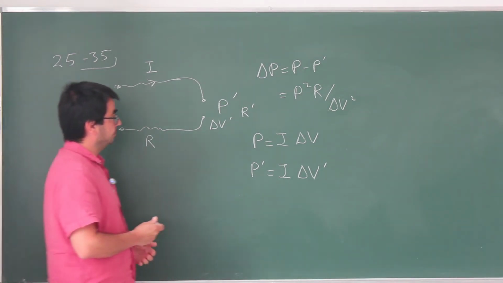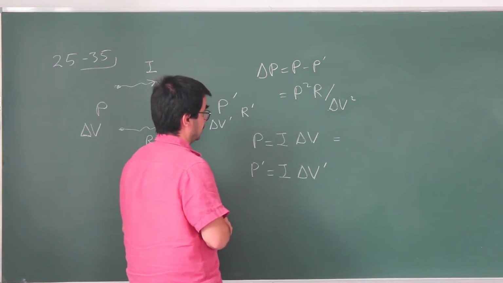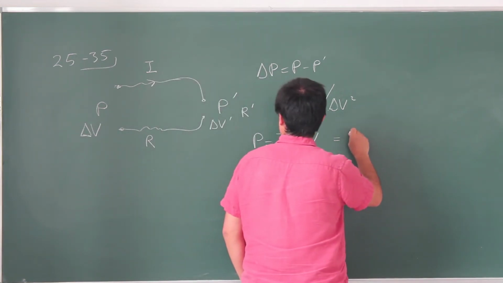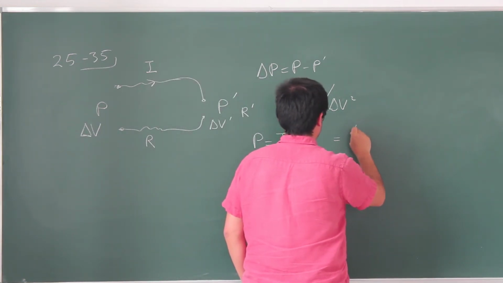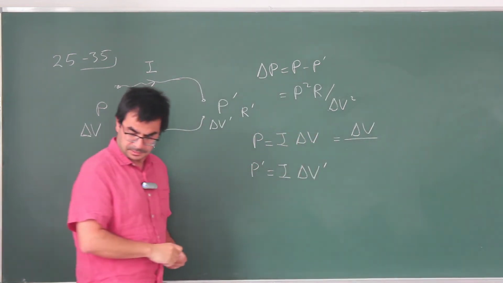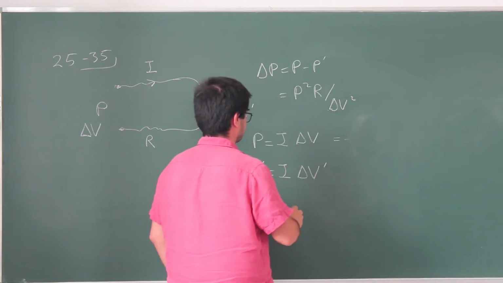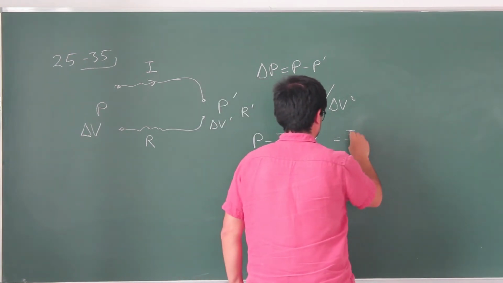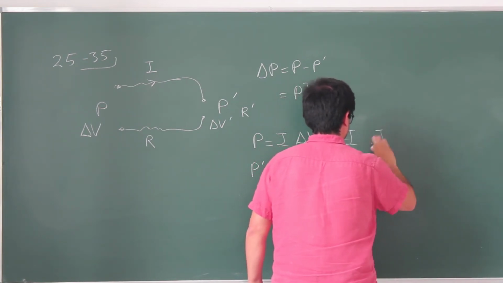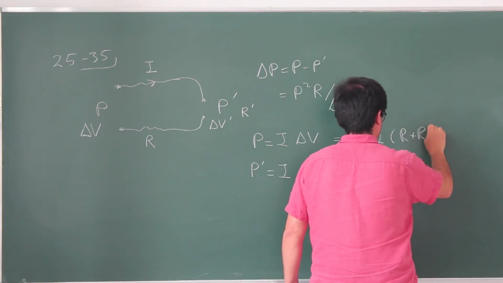So this is I delta V. I'll go the other way, so the cancellation is going to be better. So this is I times R plus R prime.